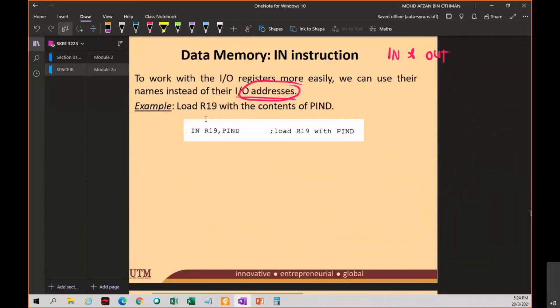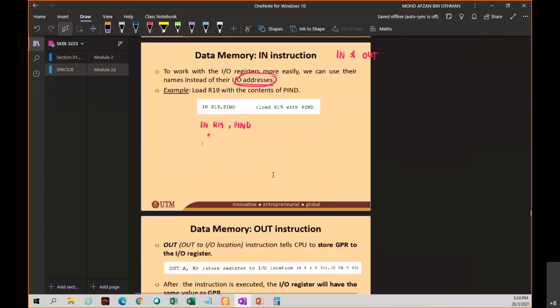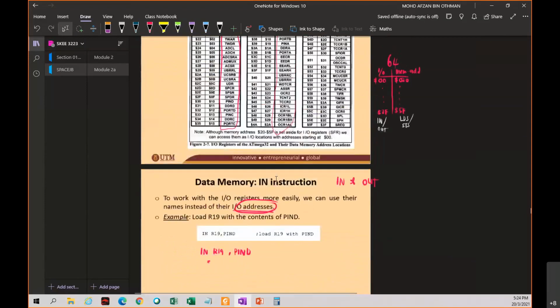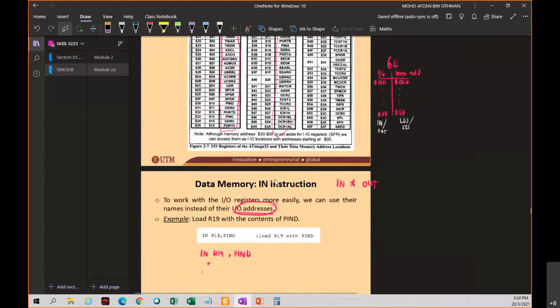Okay, contoh. Load R19 with the content of pin D. So you just simply write in R19, PIND. Sama juga kalau kamu tak nak guna dia punya nama, you can use the IO address by using in R19.